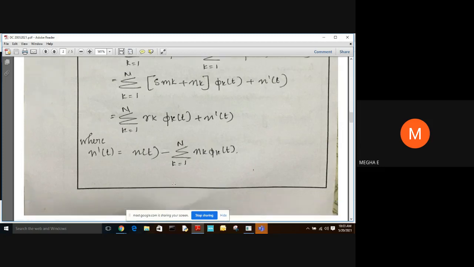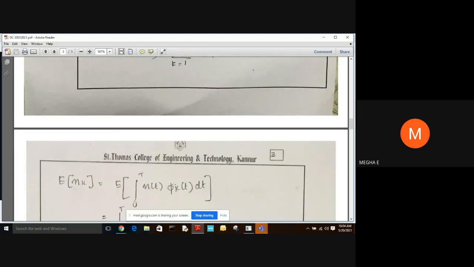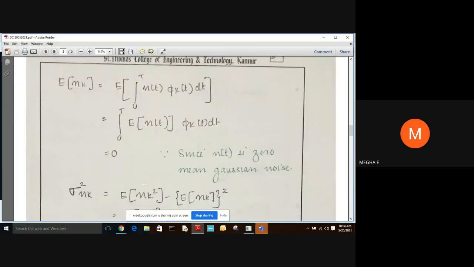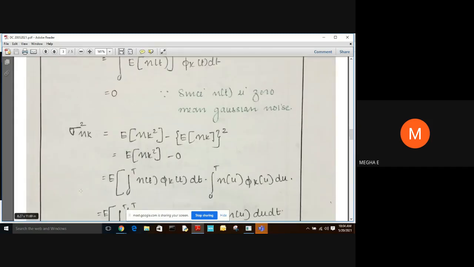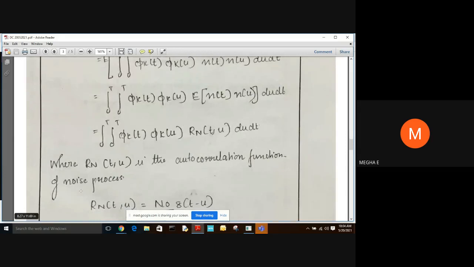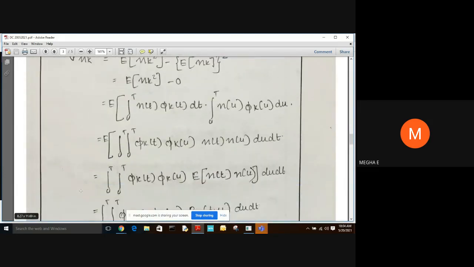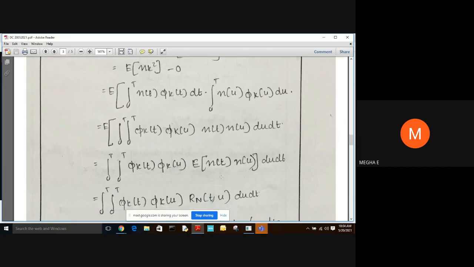Afterwards we found the expectation of this noise component, nk, to be 0, and the variance to be N0 by 2. On finding the expectation of n of t, n of u, we found it is the autocorrelation function of the noise component, represented by Rn of t comma u.